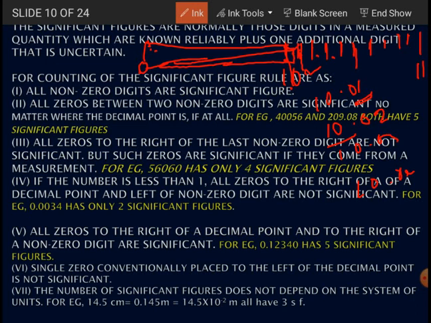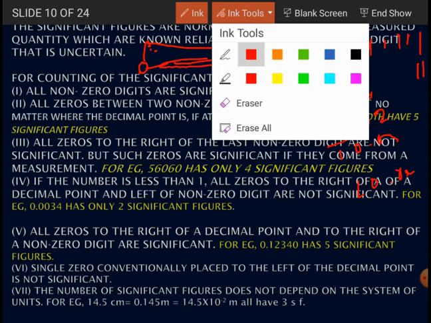While we are trying to measure any physical quantity, we need to report it: how much the length is, how much the mass is, we need to note it down. That noting down we call reporting. While reporting, there will be certain figures, what we call significant figures.